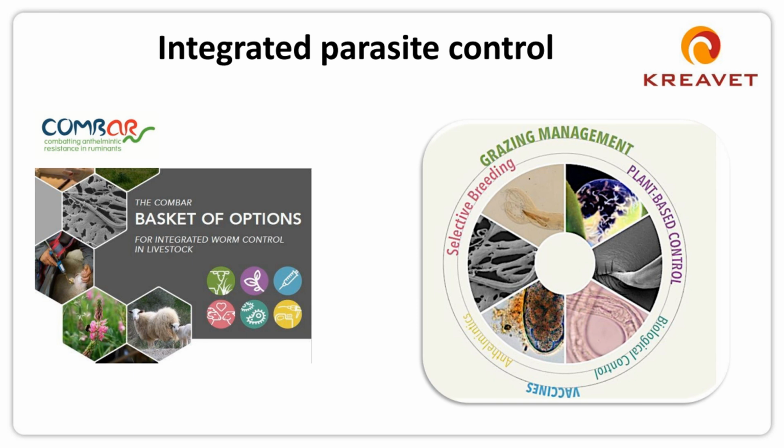This can be biological control, which is Duddingtonia, the nematophagous fungi. Or this could be more use of vaccines. All have a place, and we should think more of them to use them also.